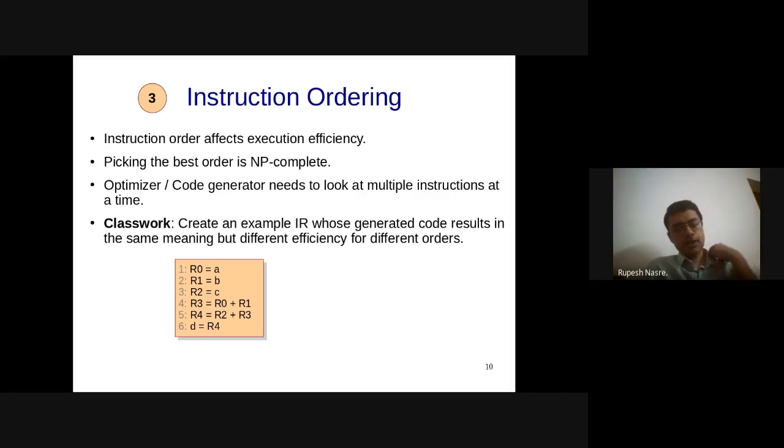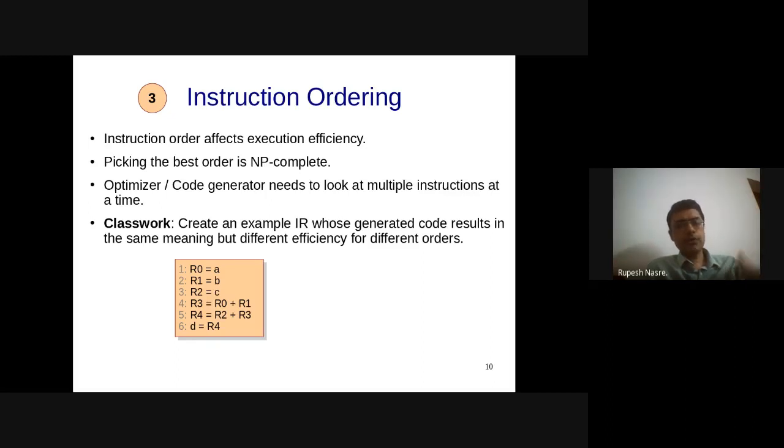So let's say that we have a similar example that we were discussing. There are three variables A, B, C, and I am going to do something with respect to those variables. In this case, I am calculating A plus B, followed by A plus B plus C, and I am going to store that inside D. So D equal to A plus B plus C is the original statement, which I have lowered into assembly code.